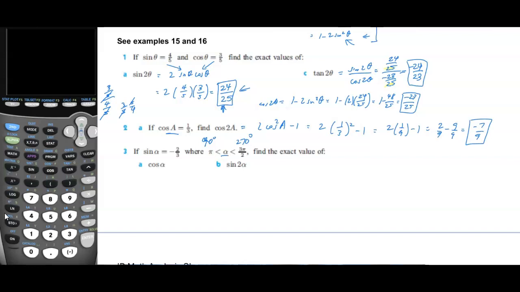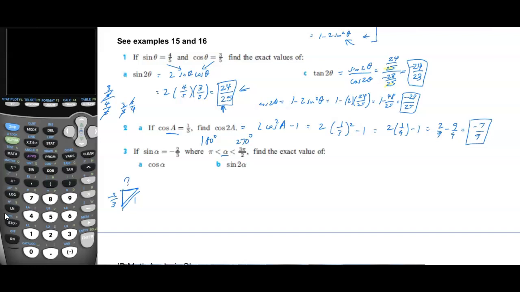Okay, so if sine of alpha is negative 2/3 and it's between 180 and 270, so it's in the third quadrant. So that would be like this triangle right here. So the sine is negative 2/3. That means the y coordinate is negative 2/3, the hypotenuse is 1. We want to know what this is.